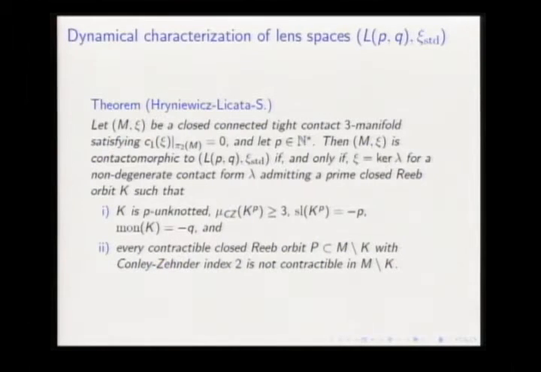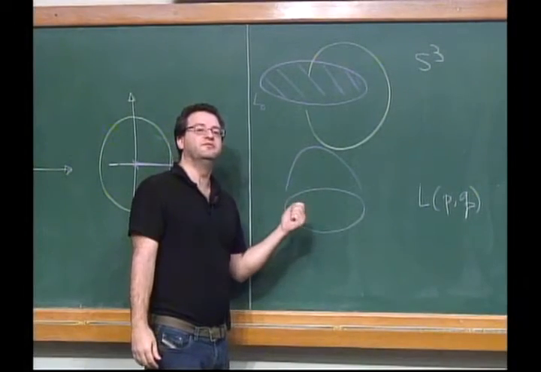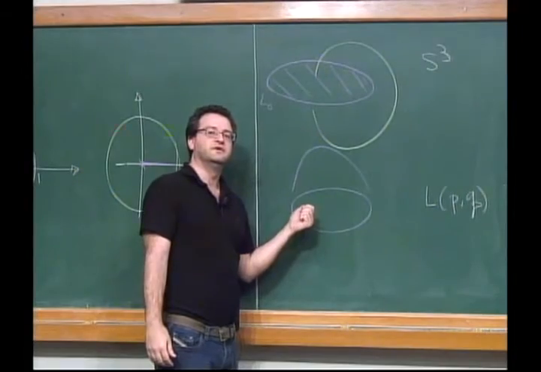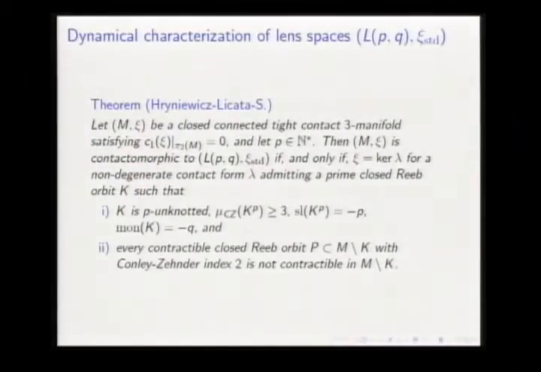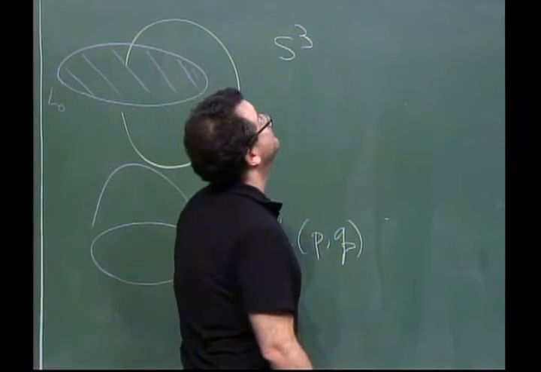So we assume that we have a contact form defining that contact structure, and we look at the Reeb flow of this contact form, and we assume that this knot here is tangent to the Reeb vector field, and the index of the P-th iterate of this knot is at least 3, and the self-linking number is minus p, and the monodromy is exactly q.